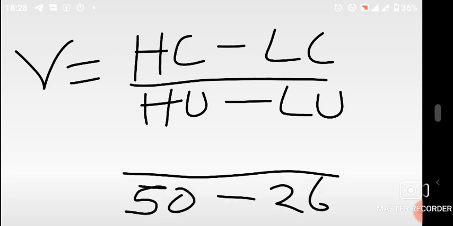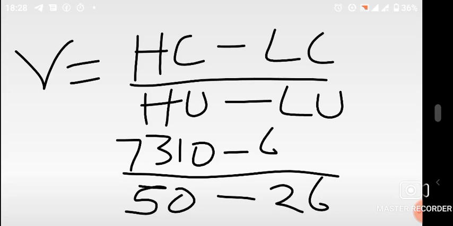So the highest units were 50. Which cost was directly in the same line as 50? 7310. The other one, 26, were the lowest units. What cost was directly in line with the 26? It's your 6556. So basically these units determine which costs you will put. That's all to know. Therefore, when you compute, your variable cost is 31.